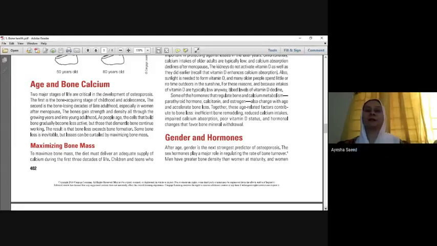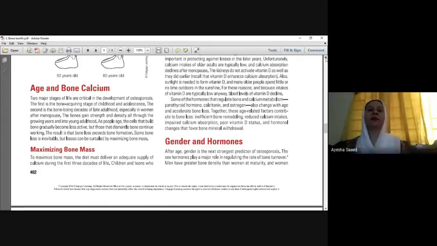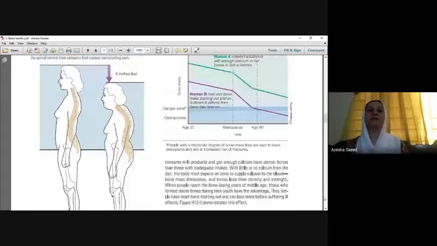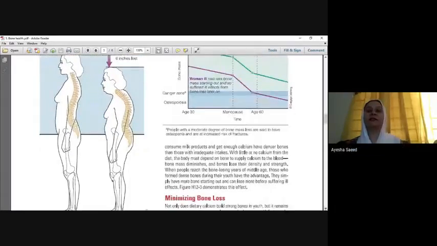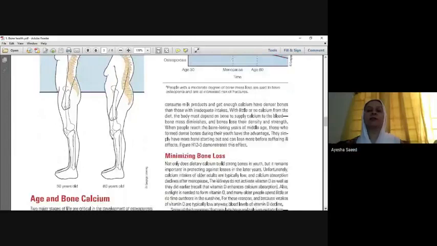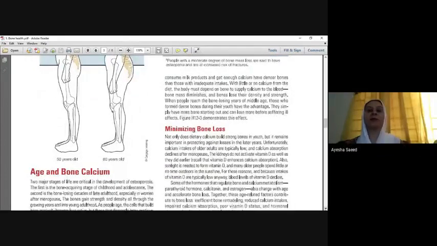To maximize bone mass, the diet must deliver an adequate supply of calcium during the first 3 decades of life. Till the age of 30, you need to drink ample amounts of milk. Children and teens who consume milk products and get enough calcium have denser bones than those with inadequate intakes.